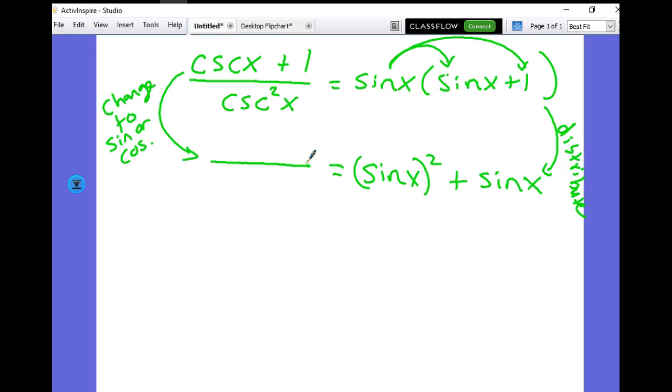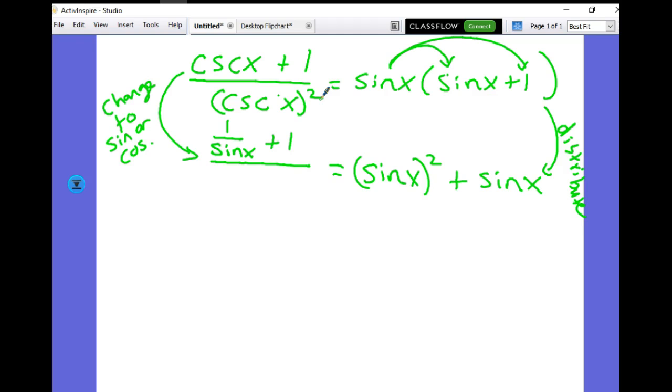That's not what I want, right? I want sine or cosine. So look at your identity worksheet there. Cosecant is what? 1 over sine. So I'm going to replace cosecant with 1 over sine. I feel like I should have done this first. I'm going to rewrite this now so it looks like this. Is that okay with you guys?